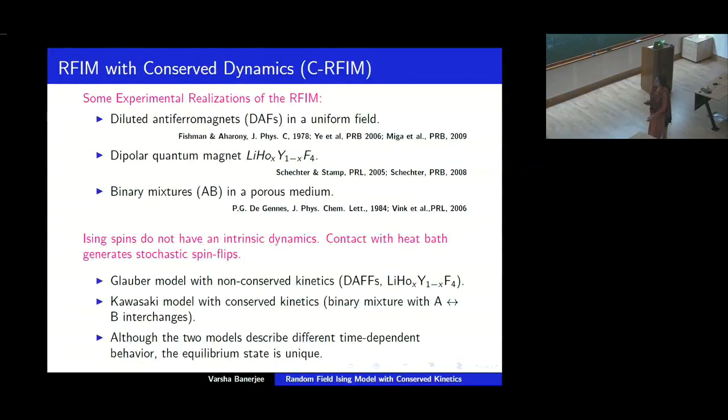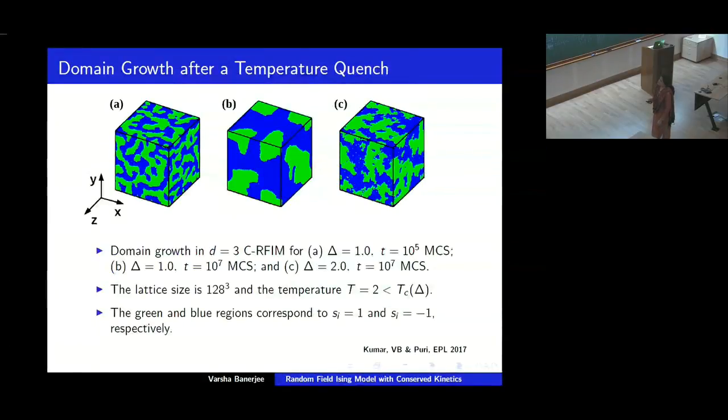And for systems like the binary mixture, one has to introduce the dynamics using the Kawasaki spin exchange model. Here the order parameter is conserved, naturally, because the number of A atoms and the number of B atoms are conserved, so this is a conserved dynamics. And the other important thing is that although the two models describe different time-dependent behaviors, the equilibrium state here is unique.